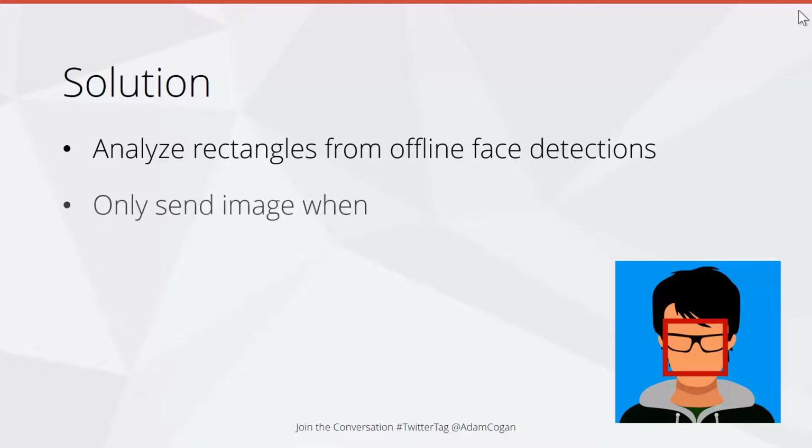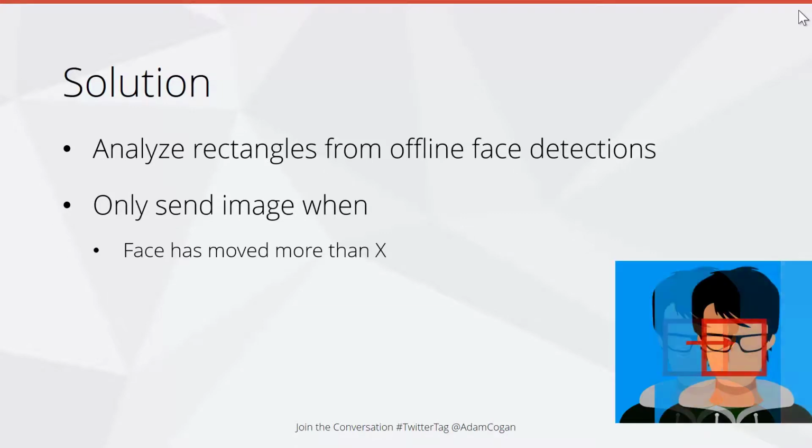And then you can just use simple algorithms to send the image only when the face has moved a certain amount. So for instance, if that face moved from here to here, so if I move like this, maybe that's a good time to make a new image because the face moved rapidly.